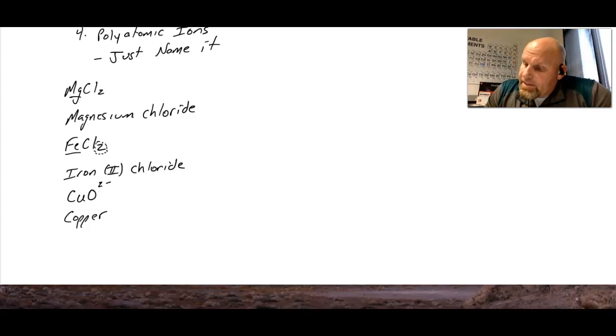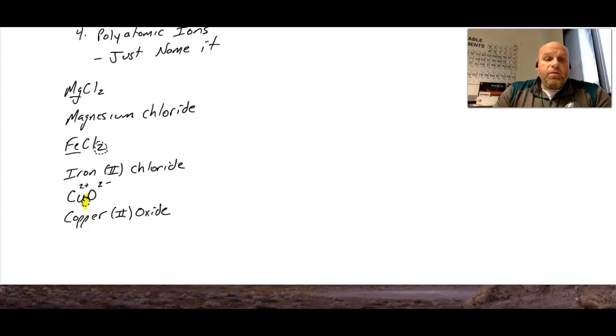I would expect to see that 2 in this formula when it crossed over right here. It's not there. So that tells me it canceled out, and so copper must have also been 2, or more specifically 2+. So then my formula here is copper 2 oxide.